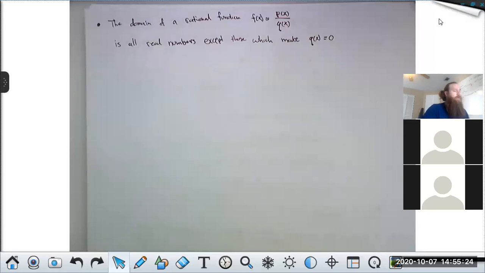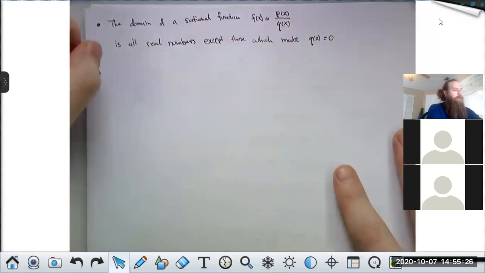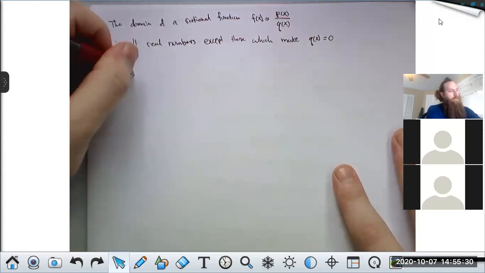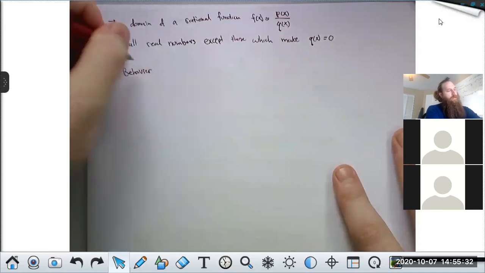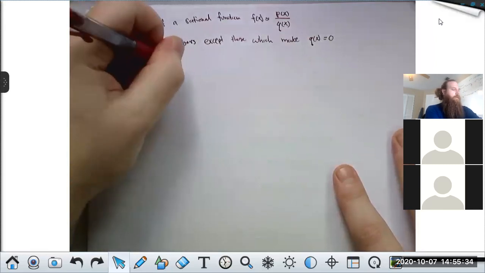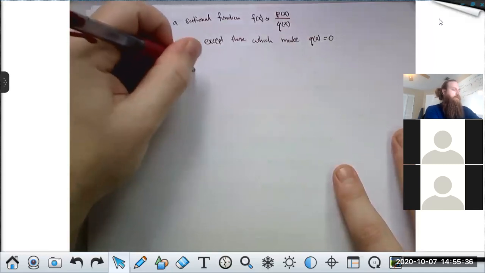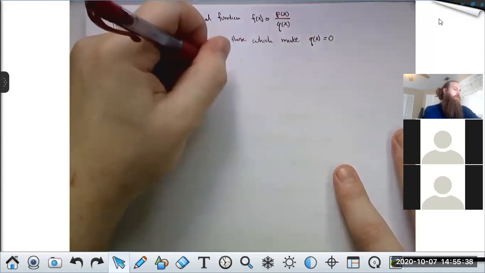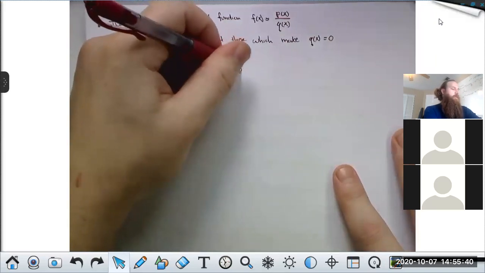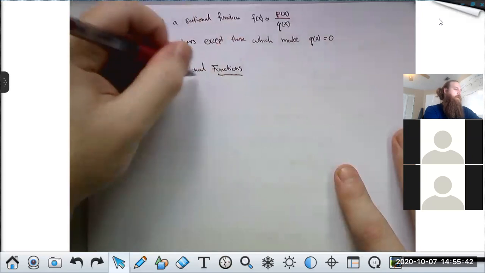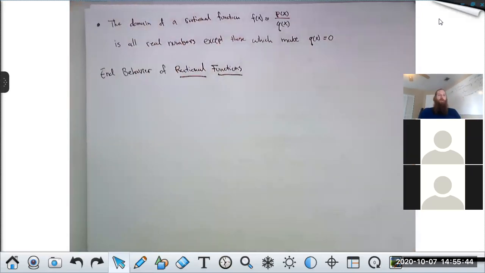The two new concepts that we're going to meet here have to do with the end behavior. Remember, when we started talking about polynomials, we talked about their domains, how they're always smooth and continuous, and then we talked about their end behavior.